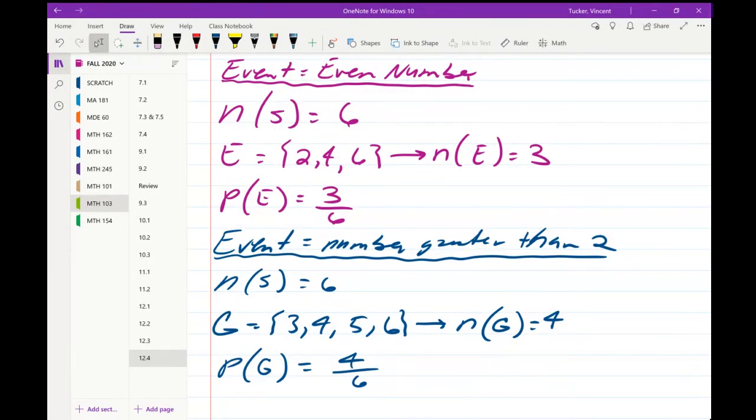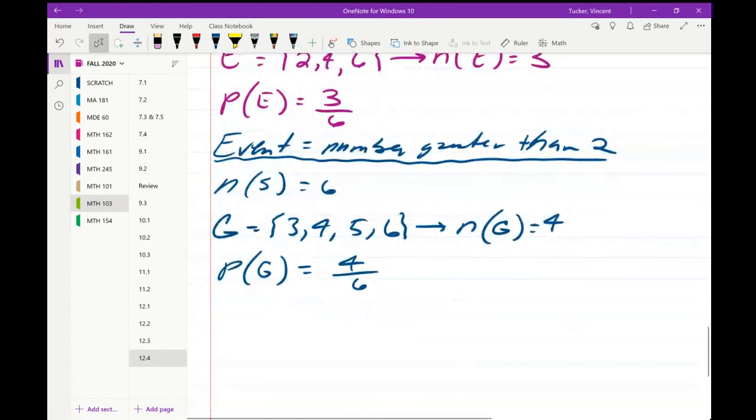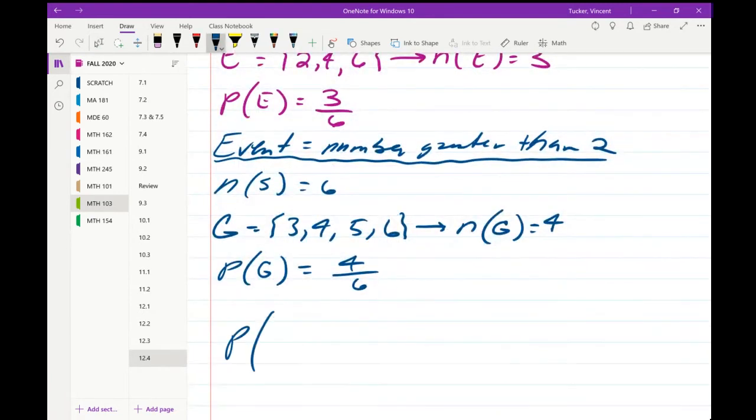All right, so we want to know the probability of getting either an even number or a number greater than 2. If I were to add those 2 numbers together, remember we talked about the addition rule for mutually exclusive events. If I were to add these 2 events together, probability of E or G, you don't have to copy this, I'm just showing you something because I'm going to erase it anyway.